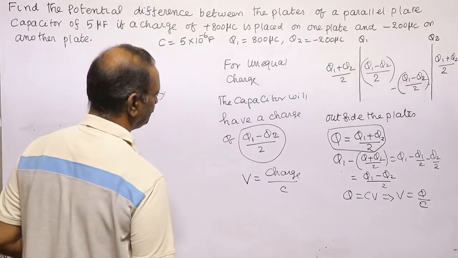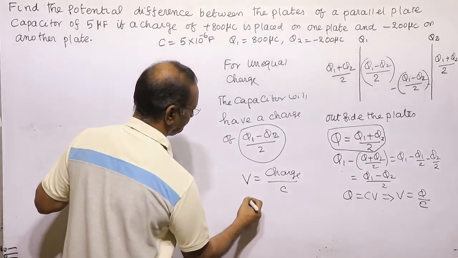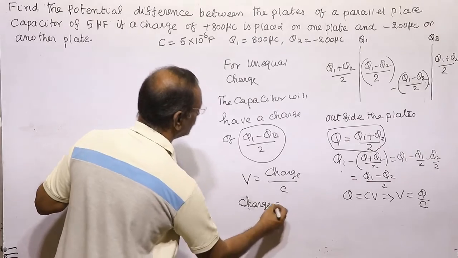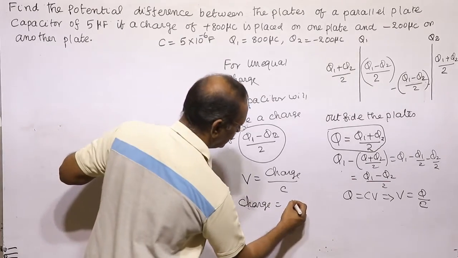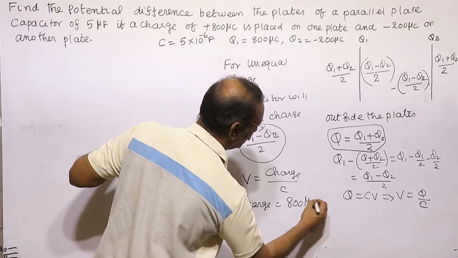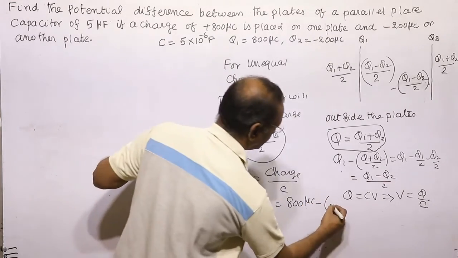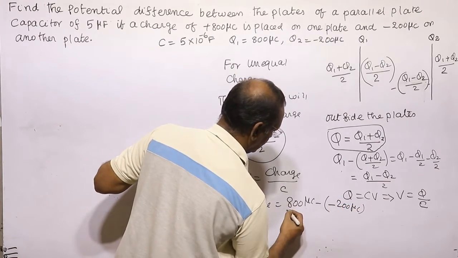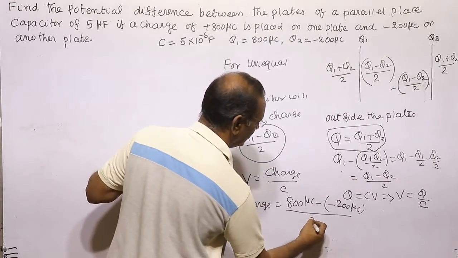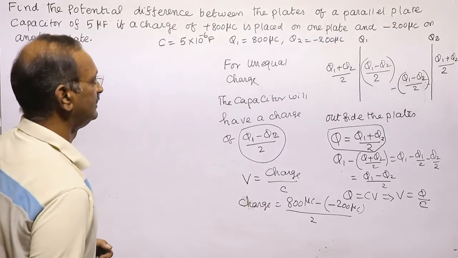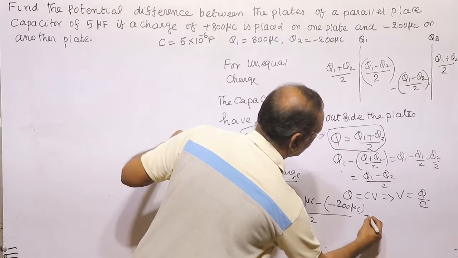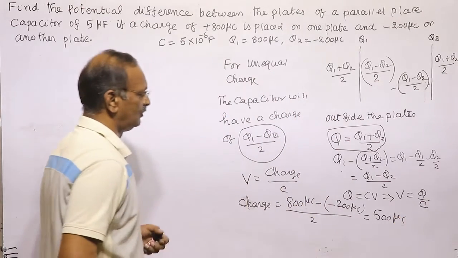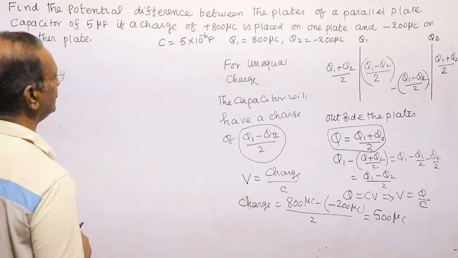The charge is Q1 minus Q2 divided by 2, with Q1 equal to 800 microcoulomb minus minus 200 microcoulomb, that is 800 plus 200 equal to 1000 divided by 2, so the charge is equal to 500 microcoulomb.